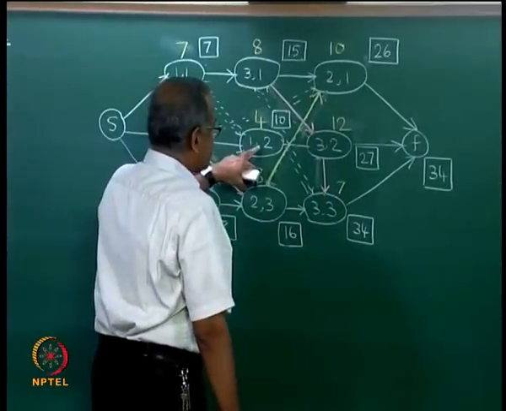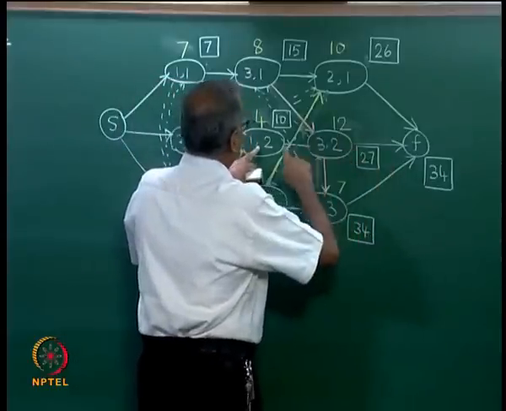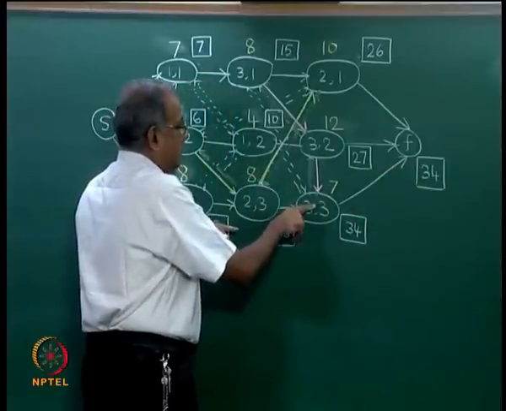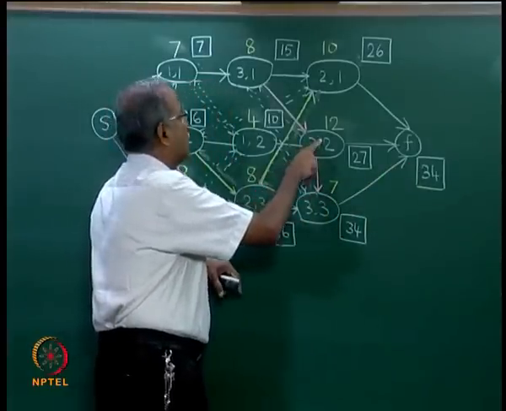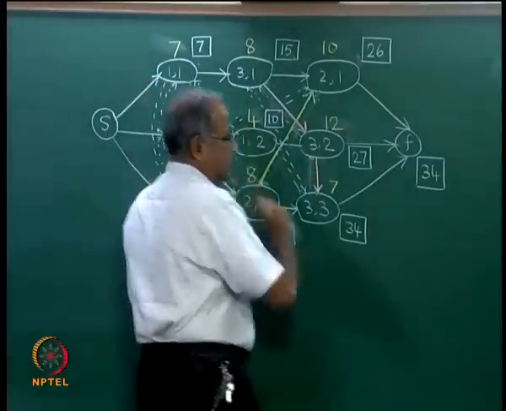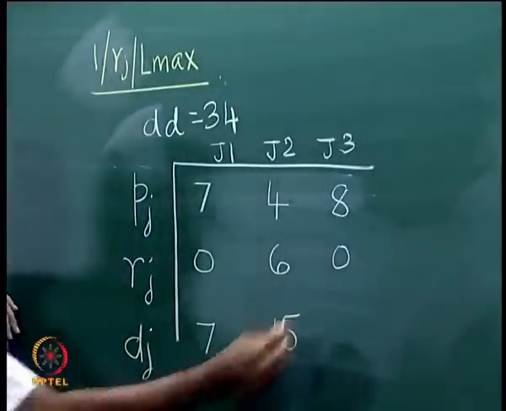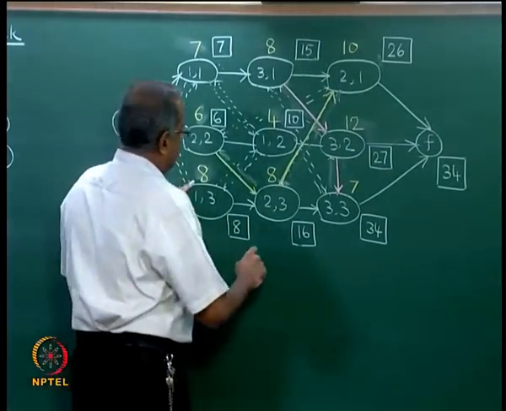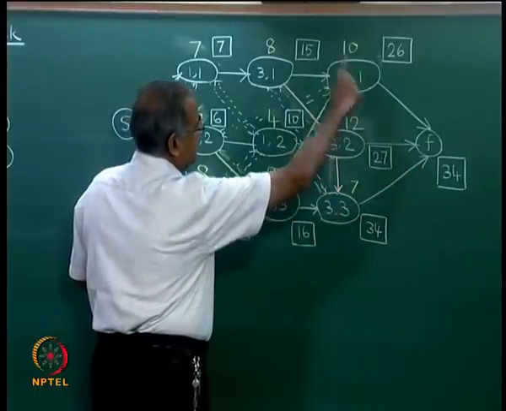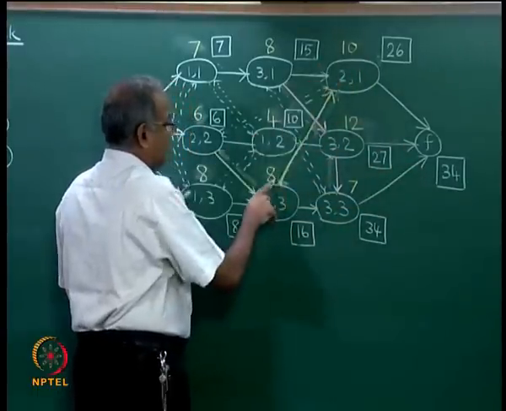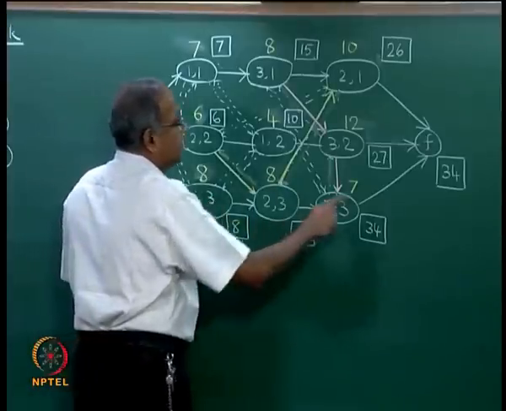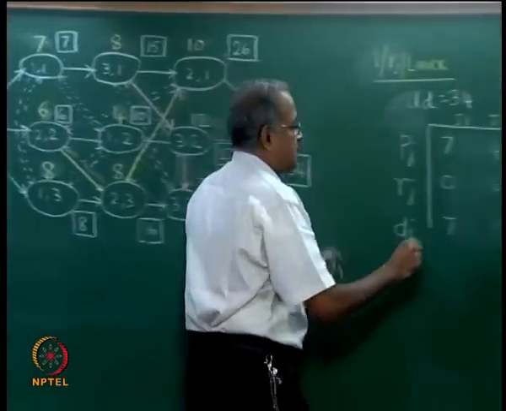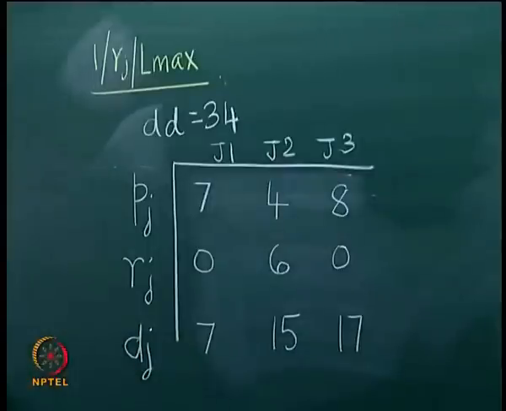Now as far as this is concerned, the longest path would be from here, so 34 minus 7 is 27, 27 minus 12 will be 15 for this to come, so due date will be 15, and for J3 which is here, 34 minus 10 plus 8 would give us 17, 34 minus 15 would give us 19, so this will become 17.